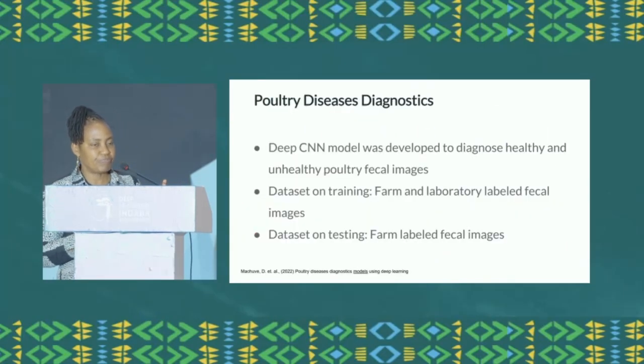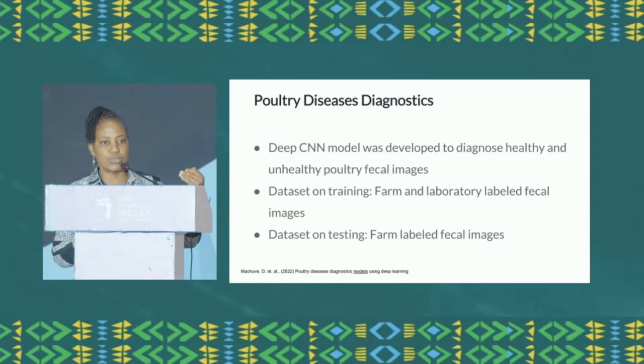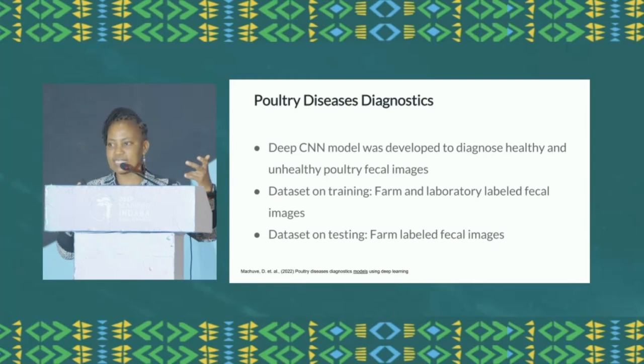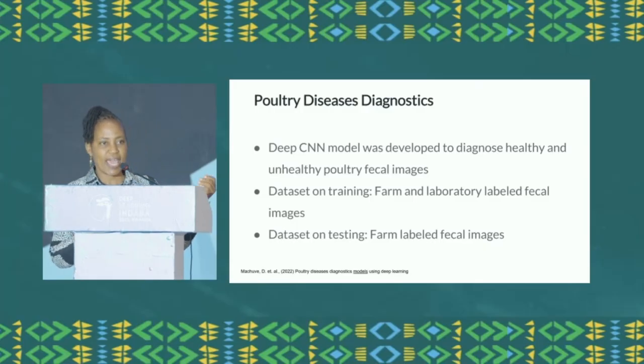The training data set consisted of the high-quality laboratory labeled images and the farm labeled images. The testing data set only consisted of the farm labeled data set, because this will reflect the reality when using the application at the farm.